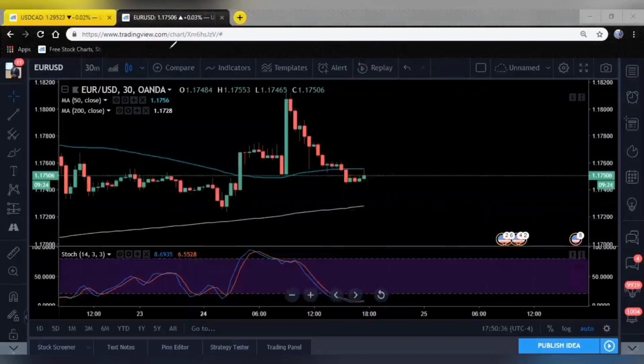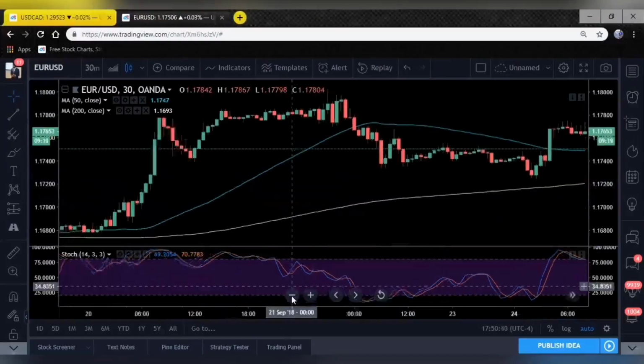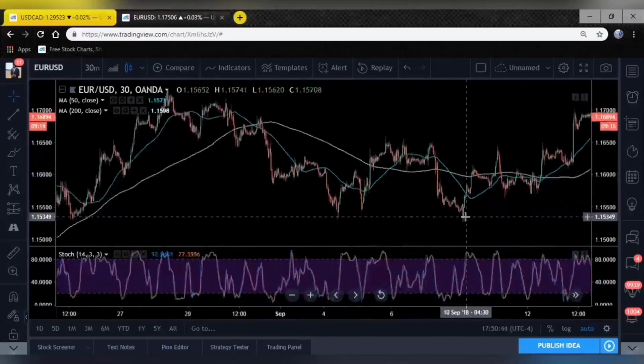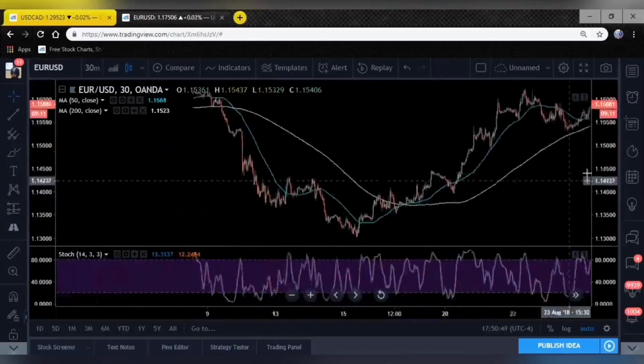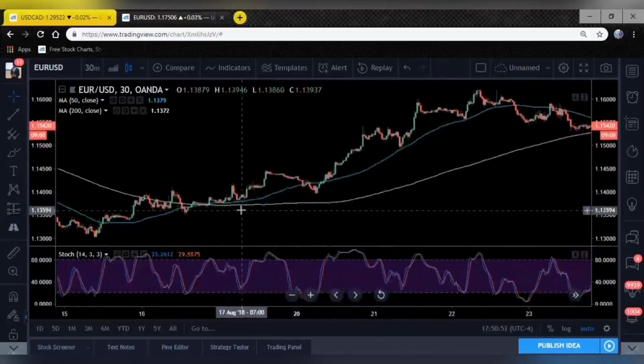Another major indication you could have within the moving averages is when they cross. I showed an example earlier where moving averages crossed to create that momentum.